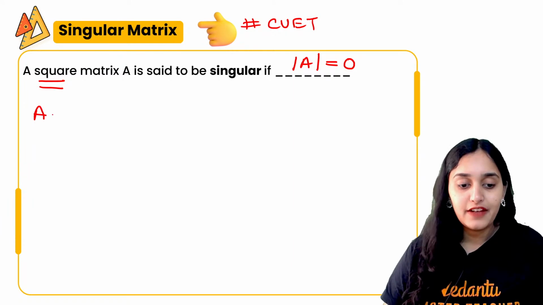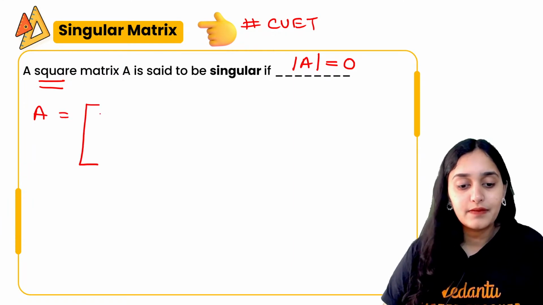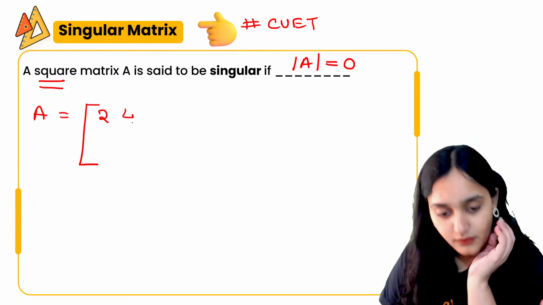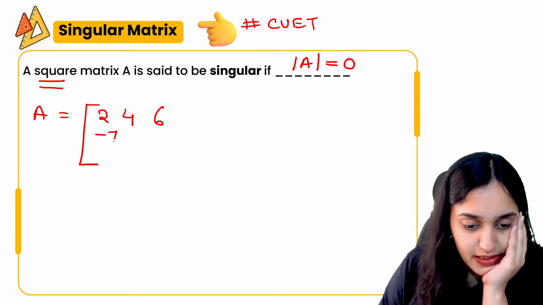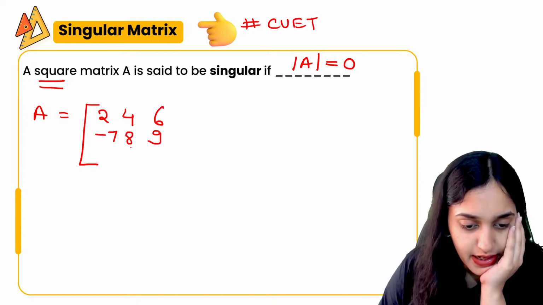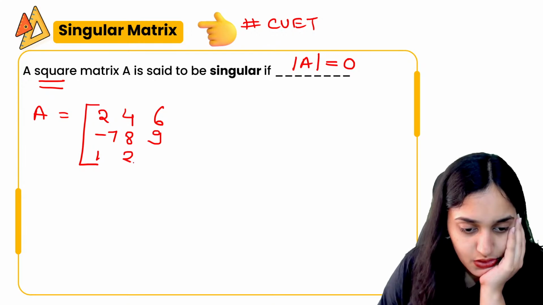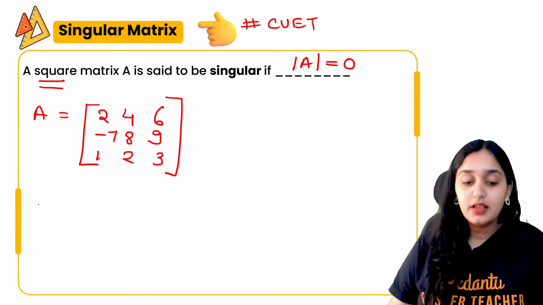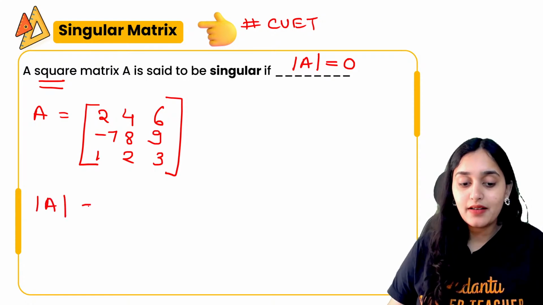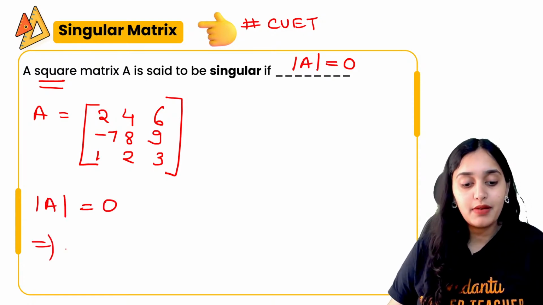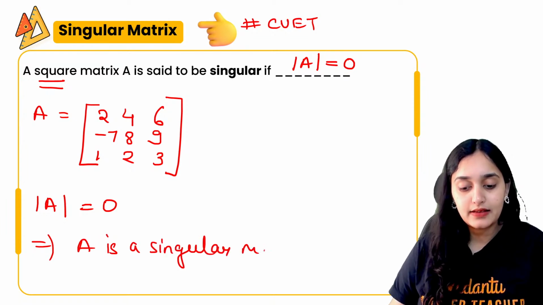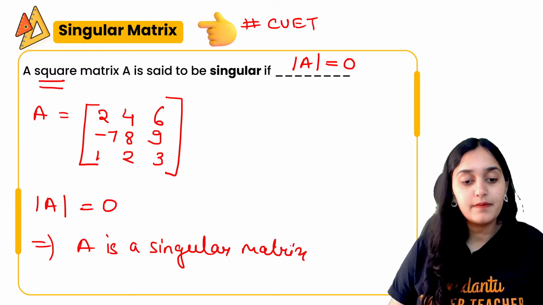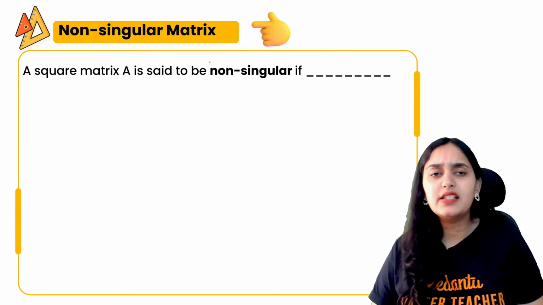For example, if your A matrix is 2, 4, 6, minus 7, 8, 9 and 1, 2, 3, then the determinant of A matrix will be 0. This implies that A is a singular matrix.